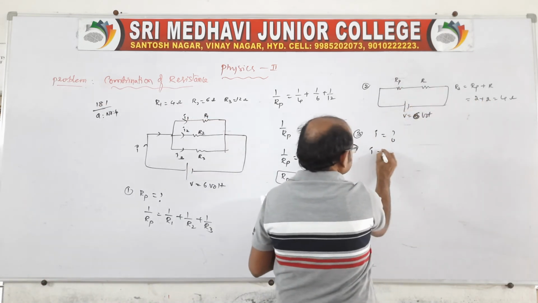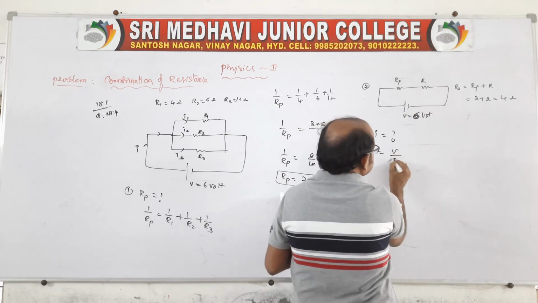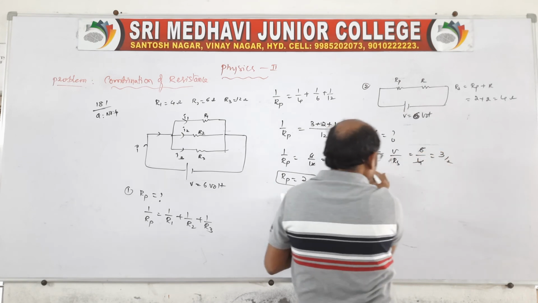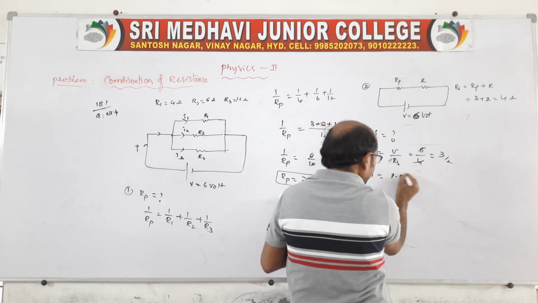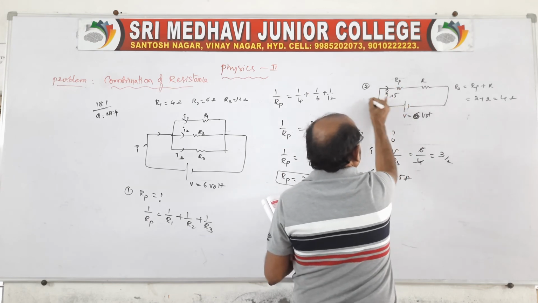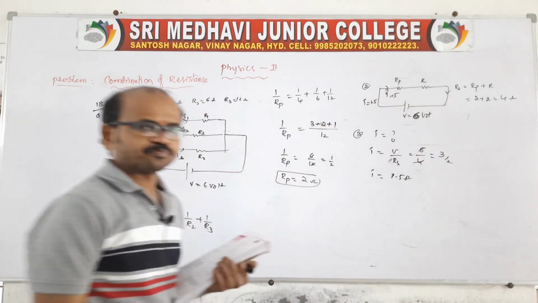So I is equal to V by Rs, V is 6 by 4, which is 3 by 2. Current I is equal to 1.5 ampere entering here, and leaving out from the same.